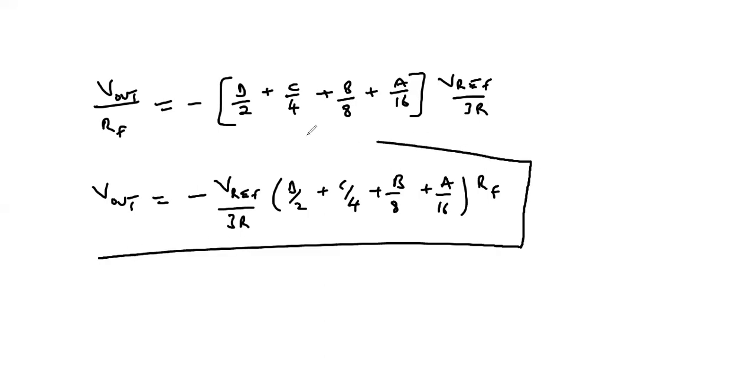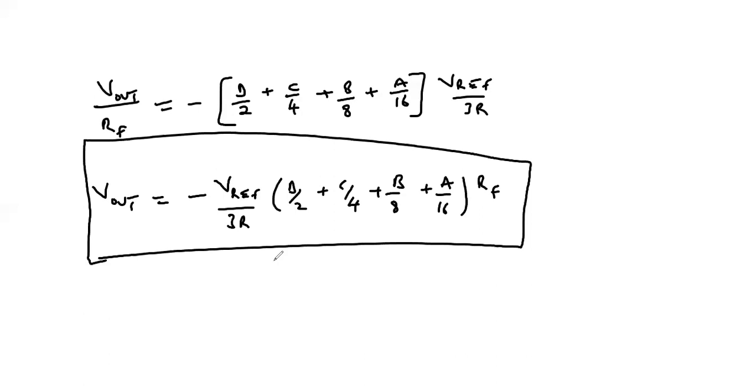This becomes the output analog voltage equivalent to the digital bits D, C, B, A, with D being the most significant bit and A the least significant bit.